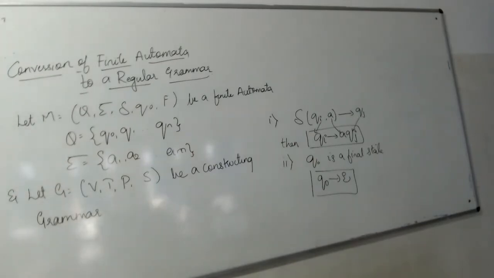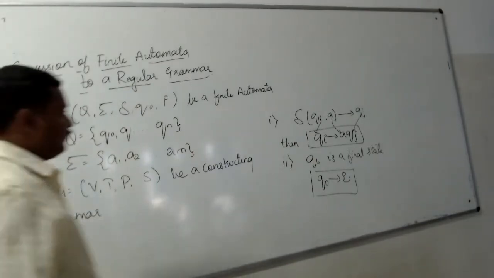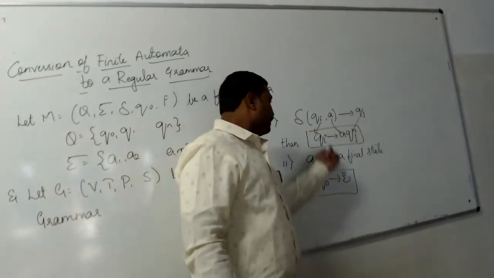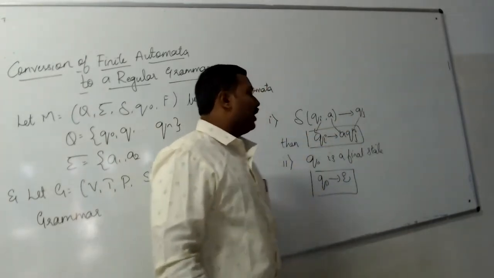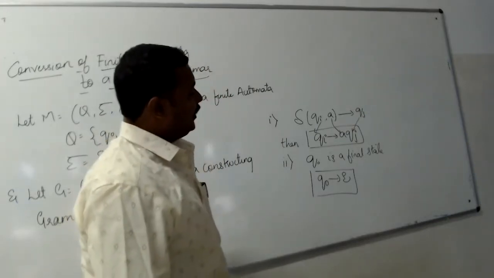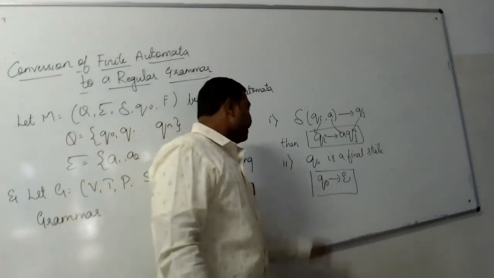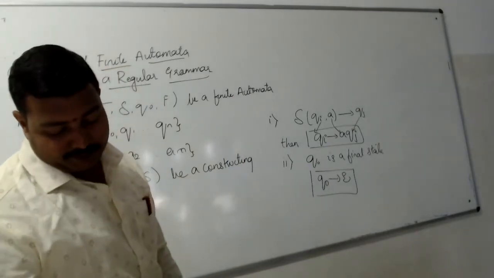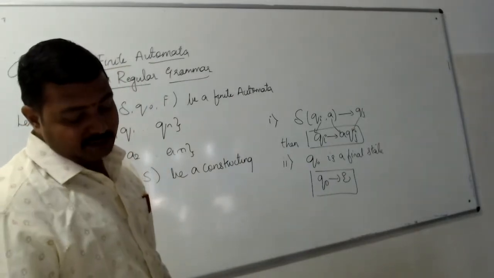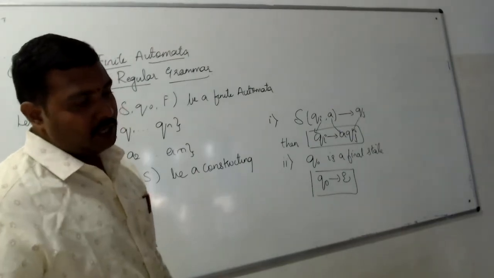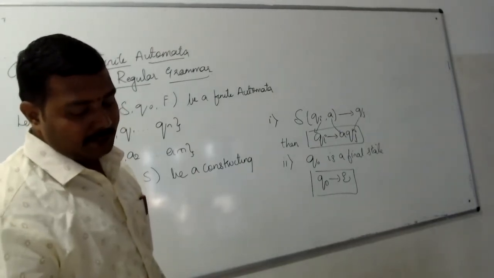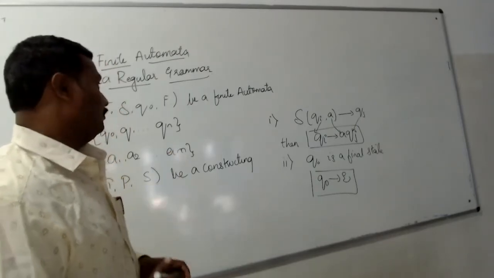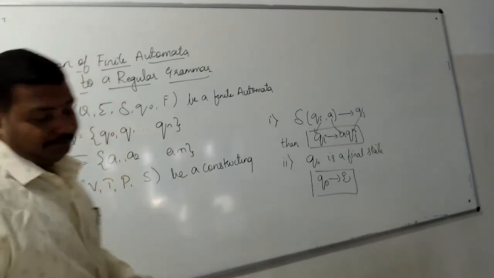If there is a transition from Qi on A to Qj, then I write Qi tends to A Qj. And if Q0 is a final state, then I write a production Q0 tends to epsilon. Right? Clear with this? Okay. To understand this clearly, we need to study a few problems. So let's begin with the problem.